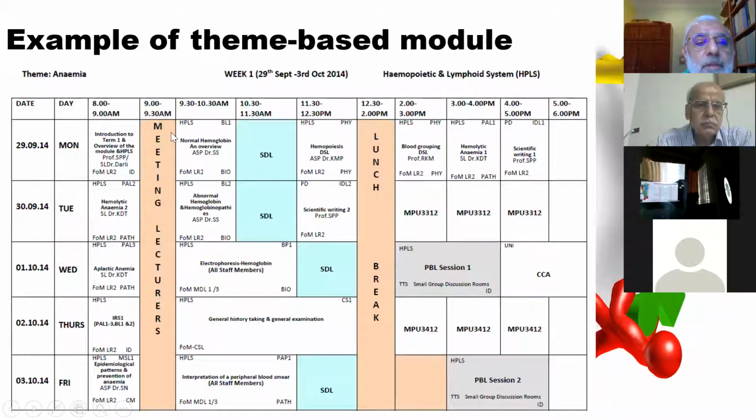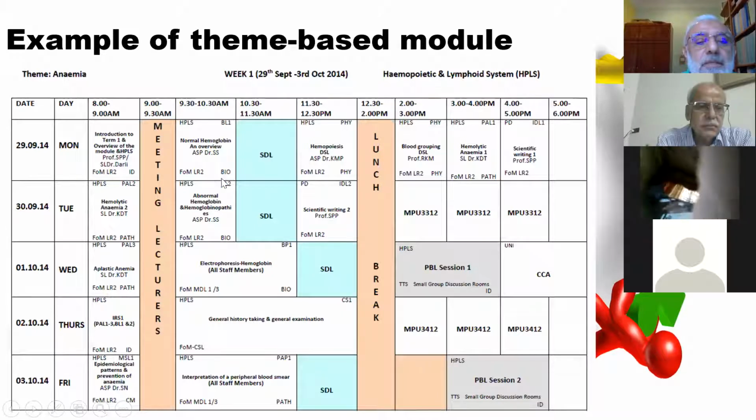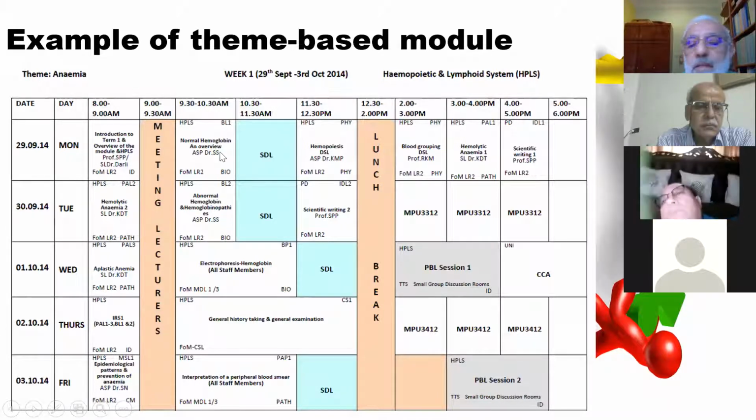For example, if we talk about this box, we know that this is the module. This is biochemistry lecture 1. This is the location, this is the discipline, and this is the lecturer. And of course, time and day is given.